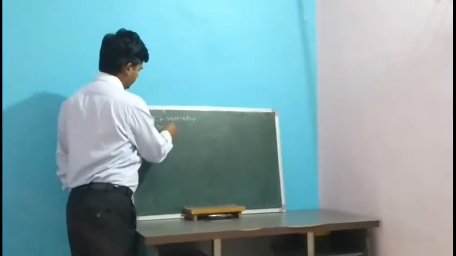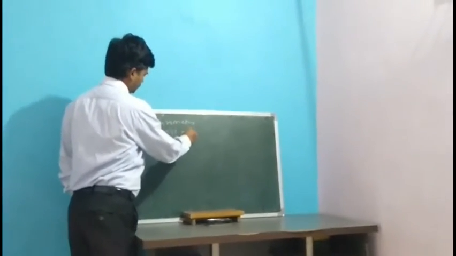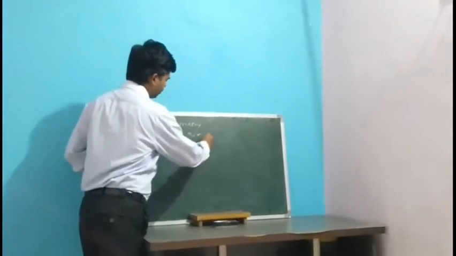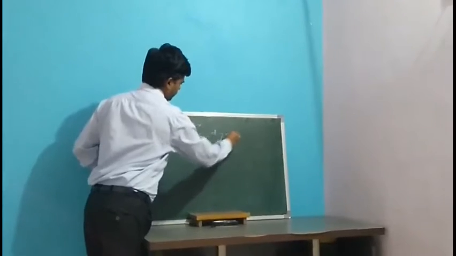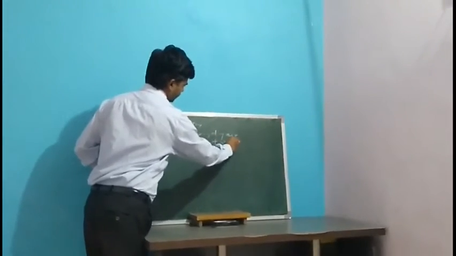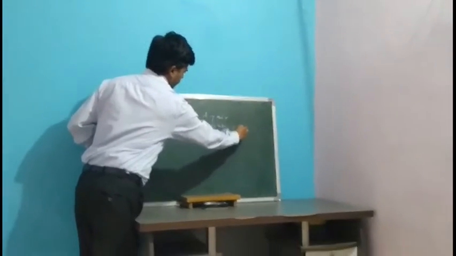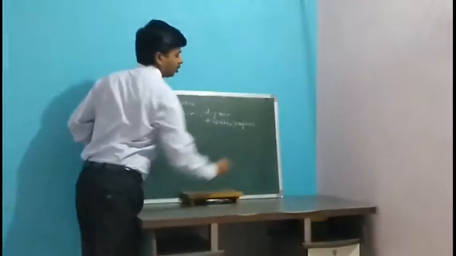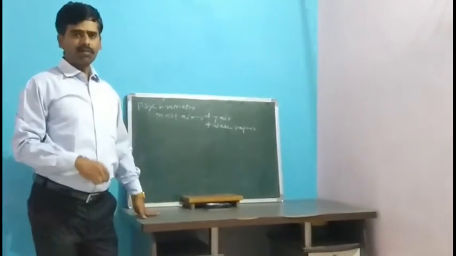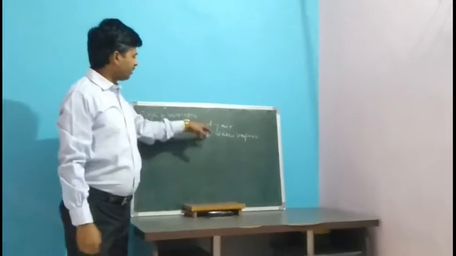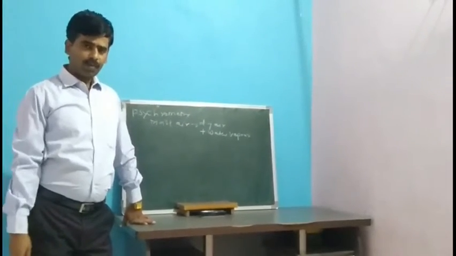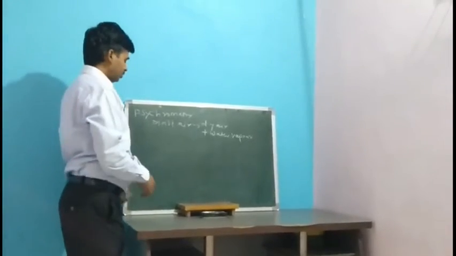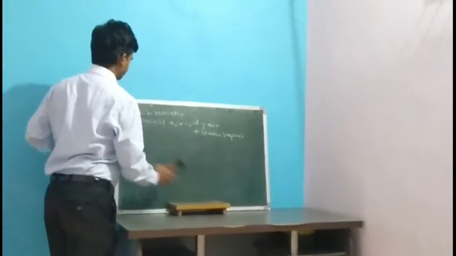Now moist air is the mixture of dry air plus water vapor. Water vapor is basically known as moisture. So dry air plus moisture, that we are calling a moist air. Now the different psychrometric processes.